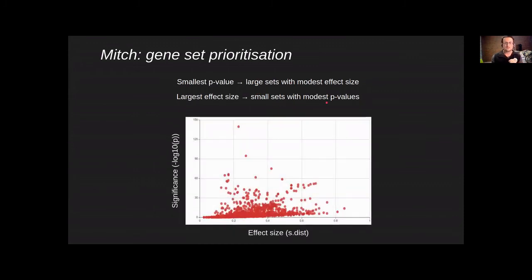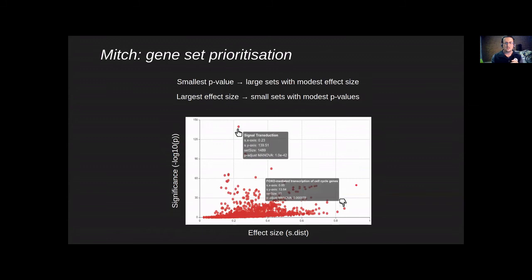So let's have a look at this exercise data set. This is a scatter plot of the effect size on the x-axis and the significance on the y. The most statistically significant finding here was signal transduction. As you can see, the effect size is relatively small, and the size of the gene set is over 1,400, so maybe it doesn't represent a very specific biology.